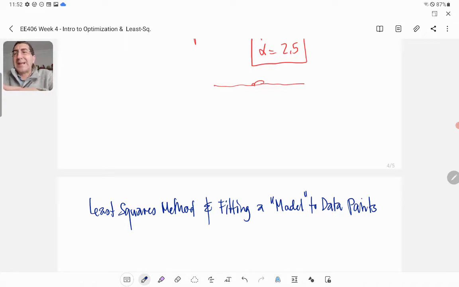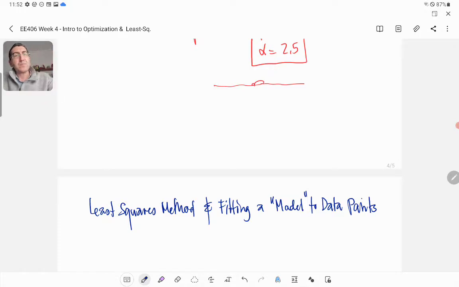Okay, in that context it's called system identification. In system identification you have a system which gives you a response to some specific signals, and you want to find the best fitting transfer function to that model. So that also can be formulated as an optimization problem. But for now, we are restricting ourselves to a simpler problem.